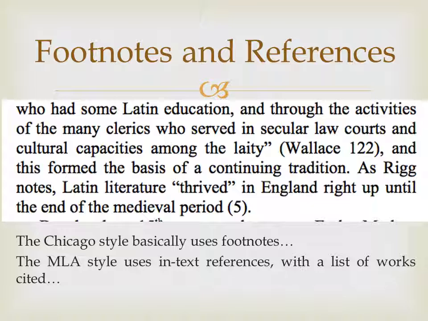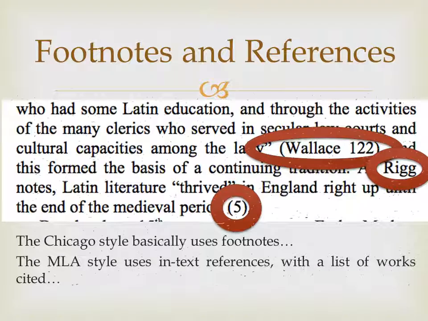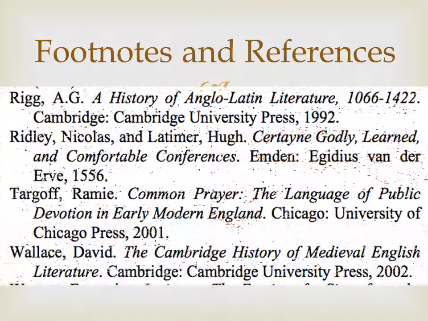But that's not enough information, is it? And we've got another one here saying Rigg 5. So the first one is Wallace 122, the second one is Rigg, page 5. But it's not enough information. What is Rigg? Who is Wallace? We don't know. We need more details, so we put those details at the end of the paper.